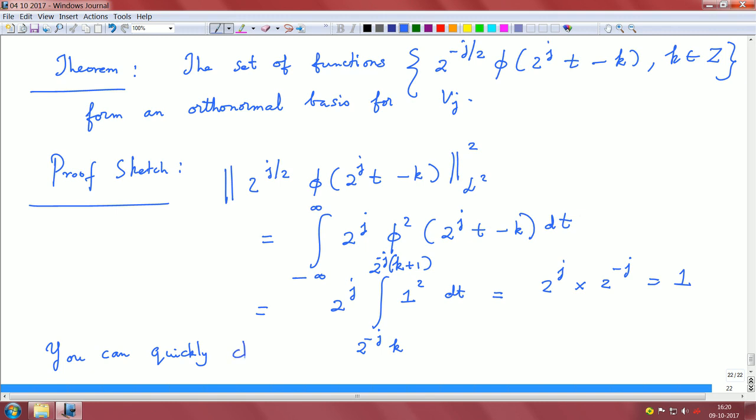And then you can quickly check for orthogonality, that is, choose some k1, choose some k2, and like what we did earlier, where we had phi of t minus j and phi of t minus k, for k not equal to j, you could just do the same thing, except that now you have two shrunk or expanded, stretched functions, and they do not overlap in their support.